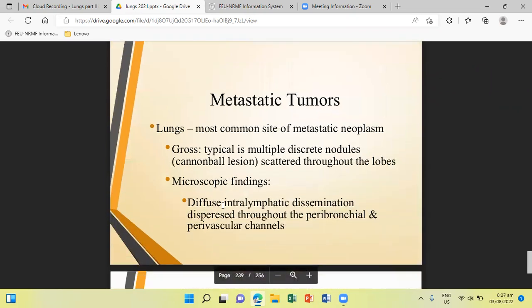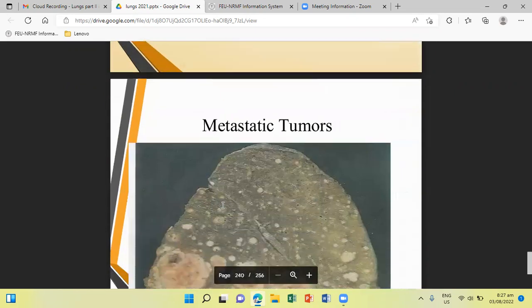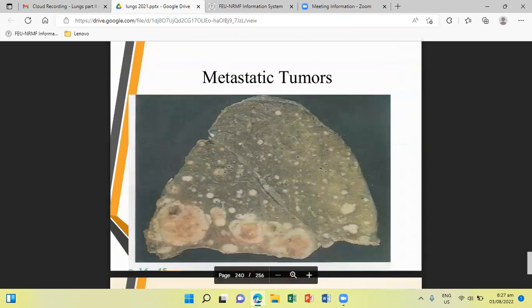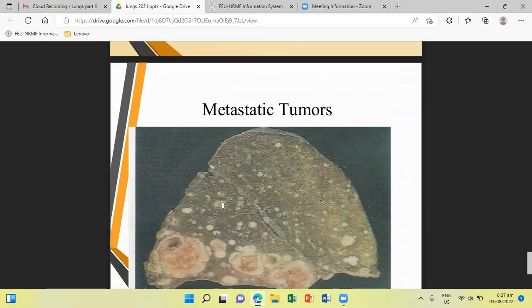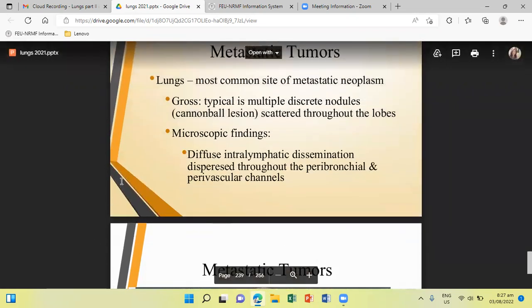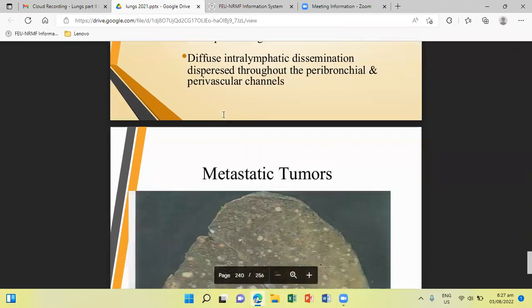Like the liver, the lungs are the most common site of metastatic neoplasm. If it is metastatic to the lungs, characteristically, you will see it as multiple nodules like this. This is what we call a cannonball lesion. They are usually scattered all throughout the lobes.